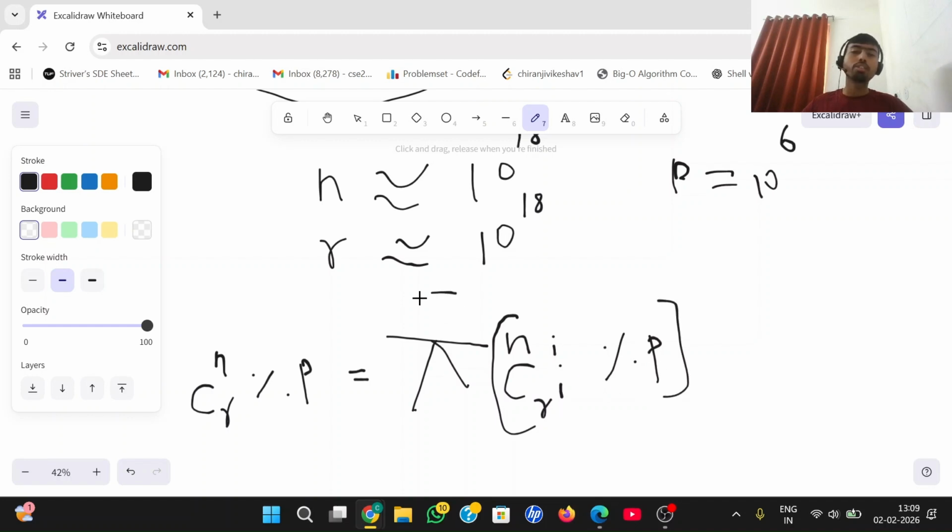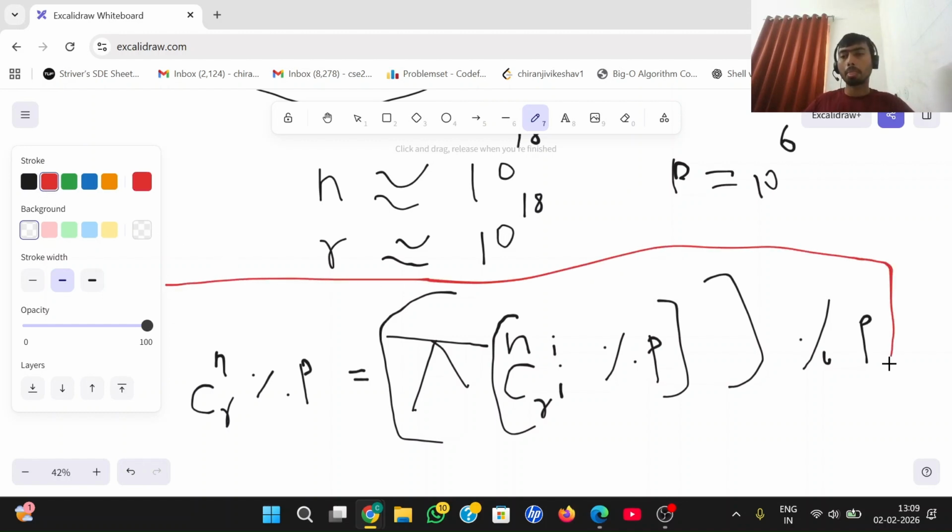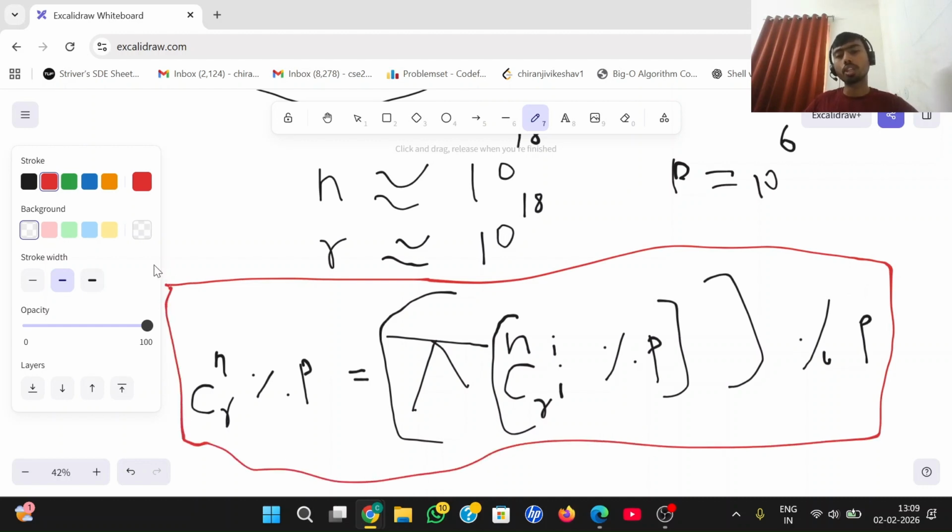And you can also apply the whole modulo after the multiplication as well. Okay, so that is the simple expression given by Lucas theorem. Okay, so that is the expression of Lucas theorem if p is a prime number.